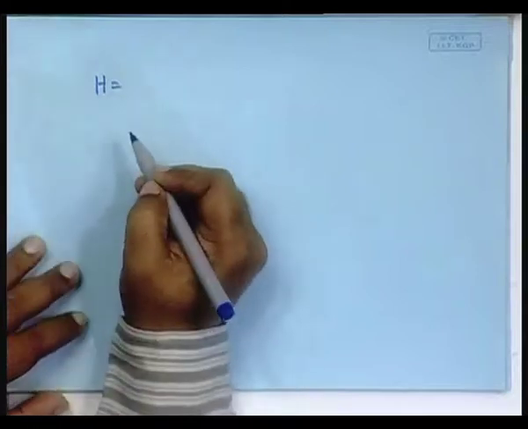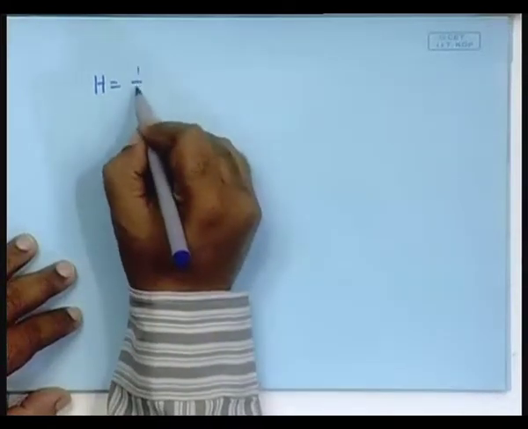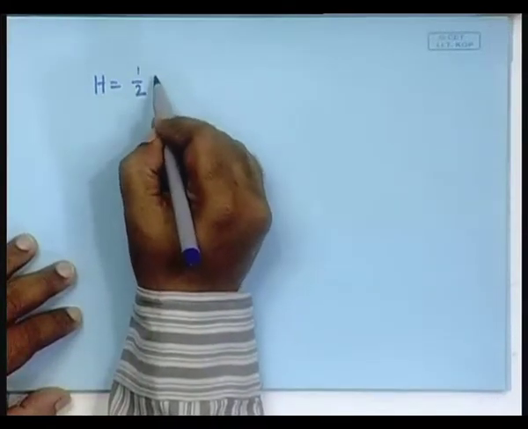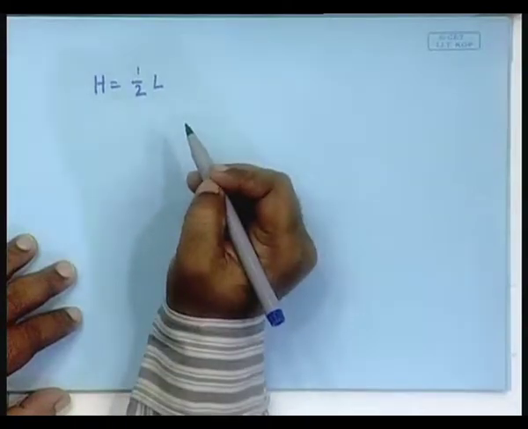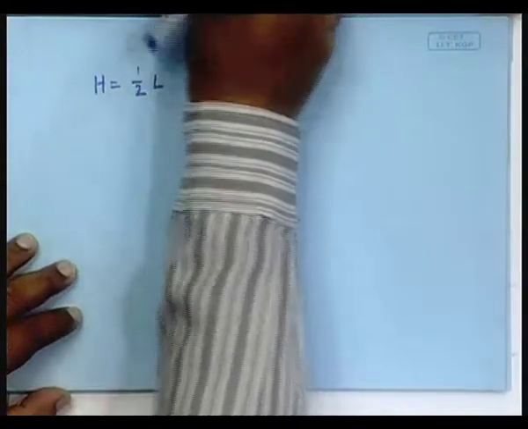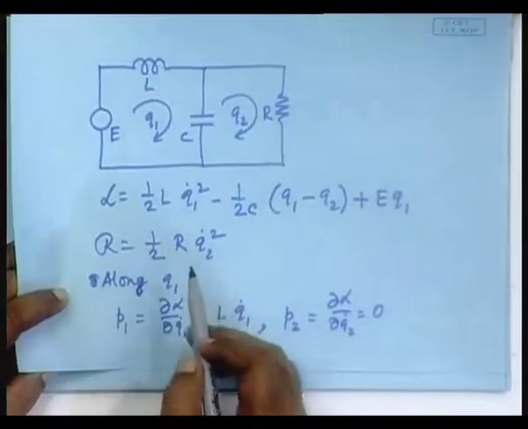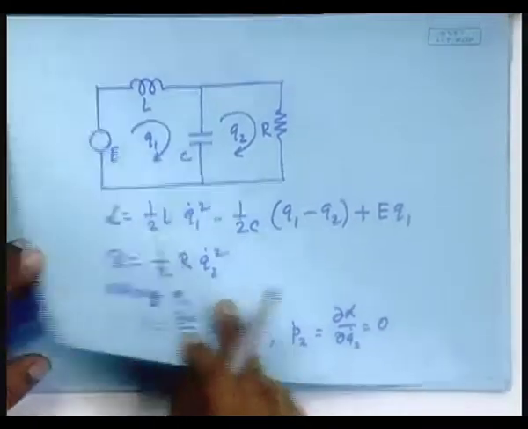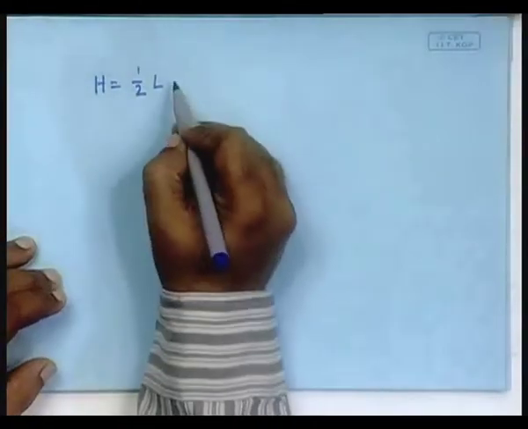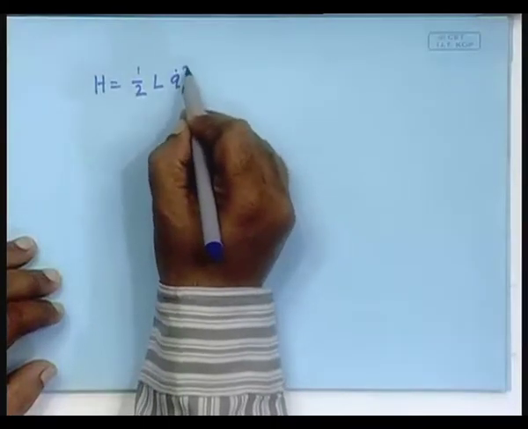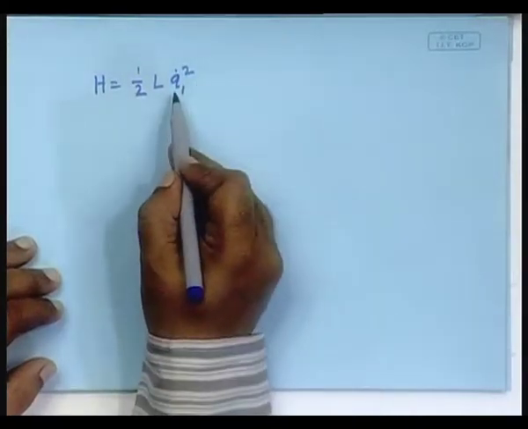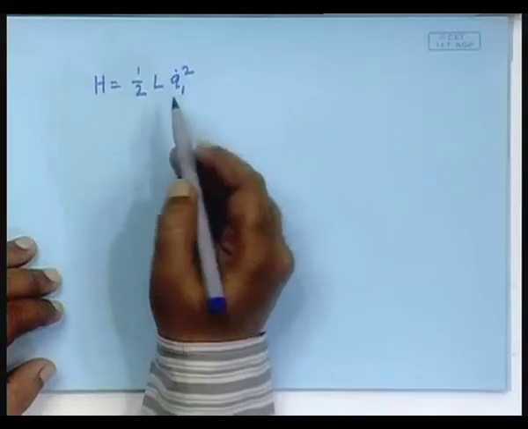then the Hamiltonian is expressed as half L... Hamiltonian would be the potential energy plus kinetic energy. Kinetic energy would be half L Q1 dot square. Now, this will have to be substituted.